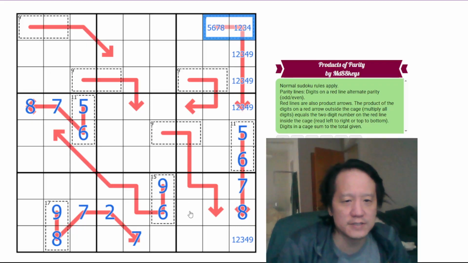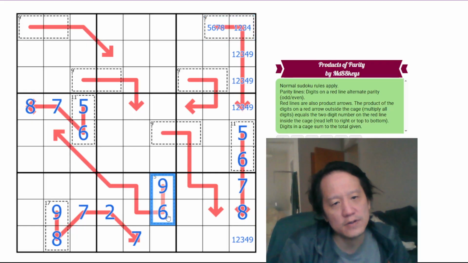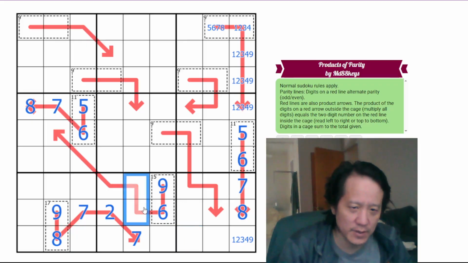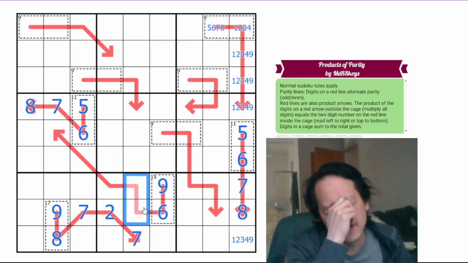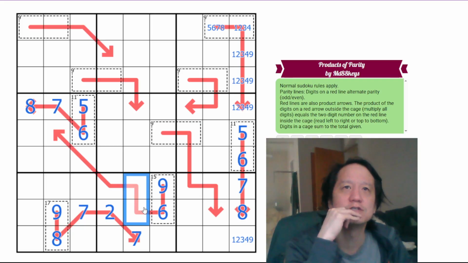Oh, this is 96 also. What is the factorization of 96? Probably quite a bit. 96 divided by 4, that's, I think, 24.